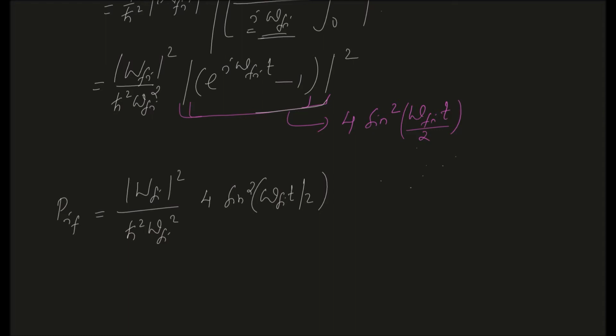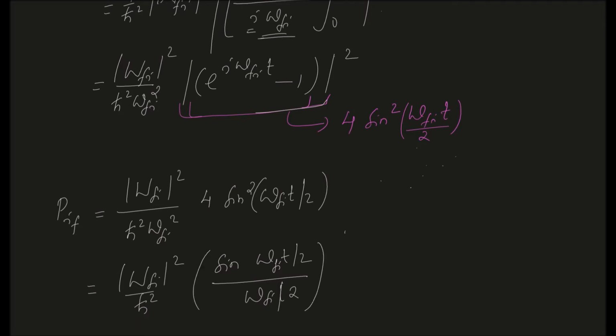So this is equal to W_fi square by h cross square, and you can rearrange these terms as sine omega_fi t by 2 divided by omega_fi by 2, whole square.